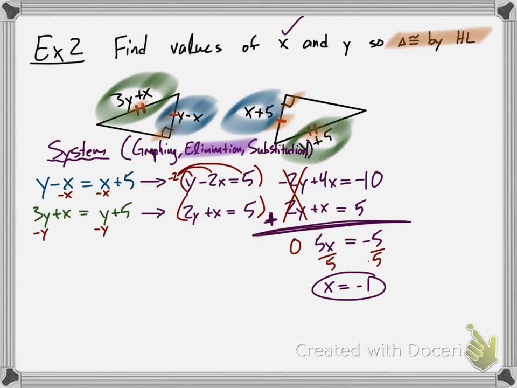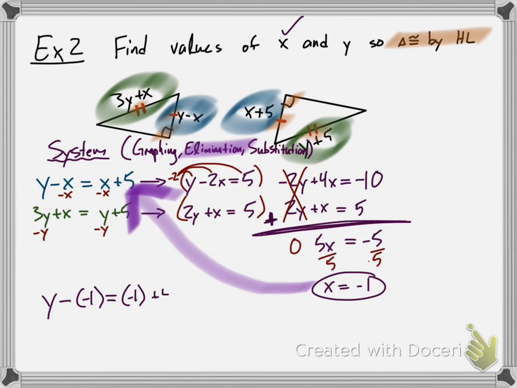Now we're going to take that -1 and substitute that back into one of the original equations. So I'm going to take -1 and plug it back into, we'll do the first. So we have y minus -1 is equal to -1 plus 5.